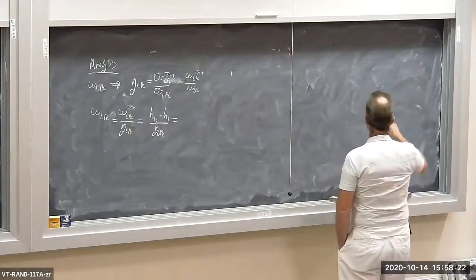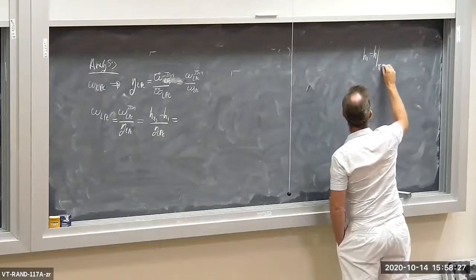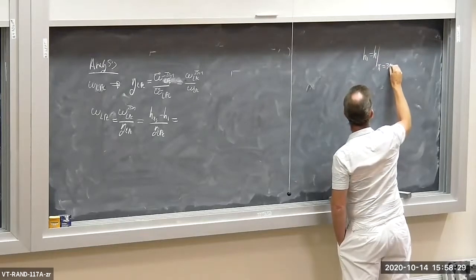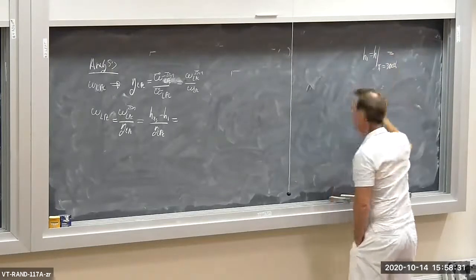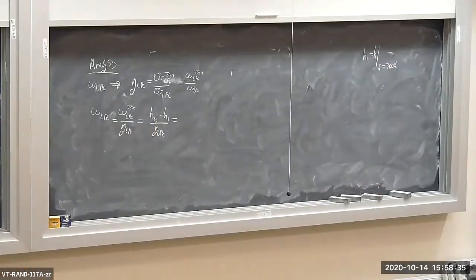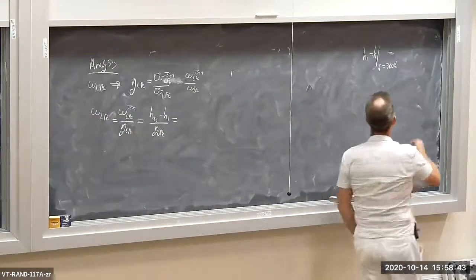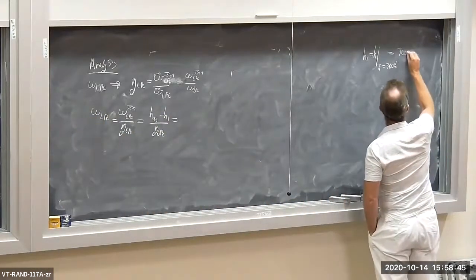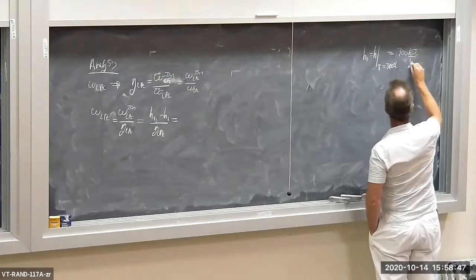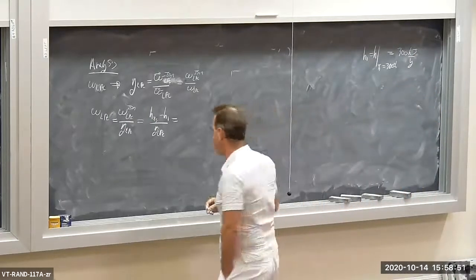Now H1 is going to be H evaluated at T1, which is 300 degrees Kelvin, so it's going to be about 300 kilojoules per kilogram.